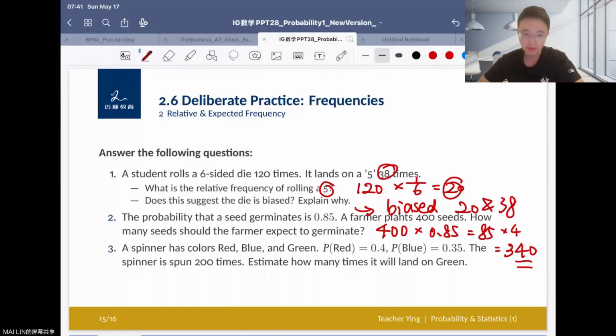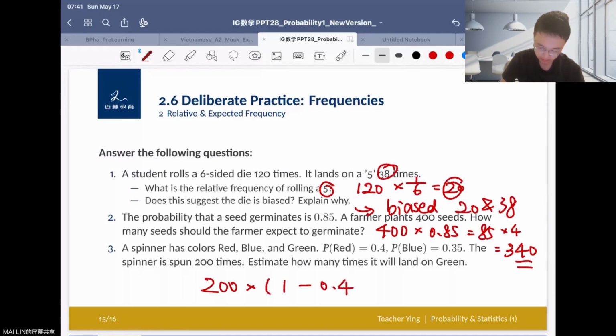For the third problem, a spinner has the colors red, blue, and green. The probability for red is 0.4 and the probability for blue is 0.35. The spinner is spun 200 times. Here we use the rule of 1 minus the other two probabilities. 1 minus 0.4 is 0.6, and 0.6 minus 0.35 is 0.15.